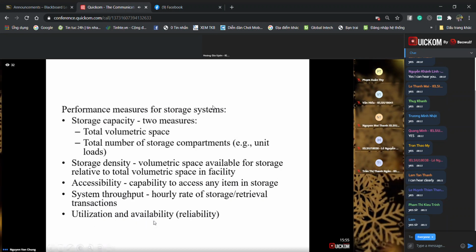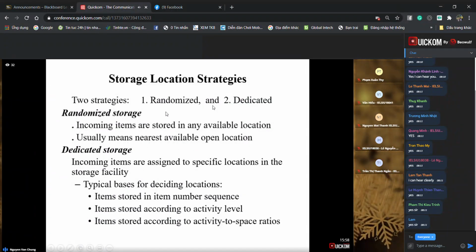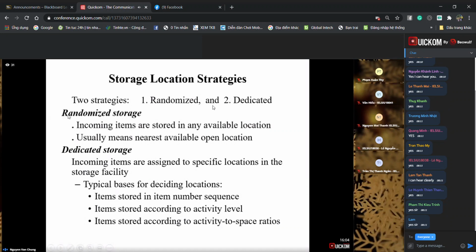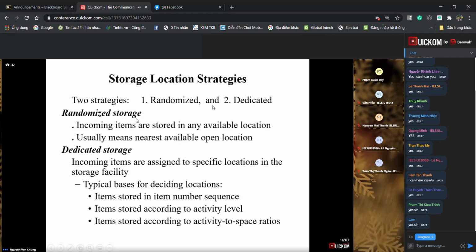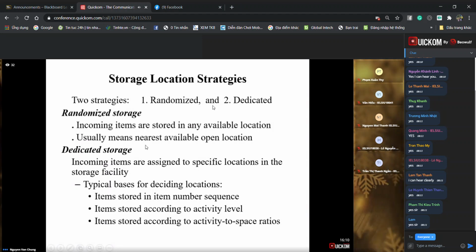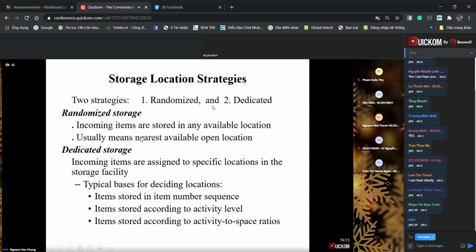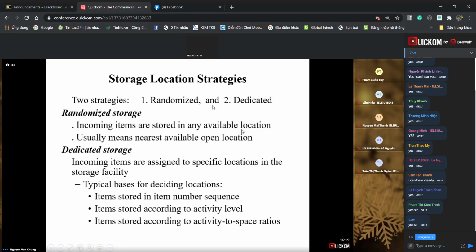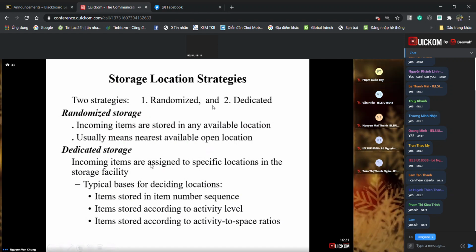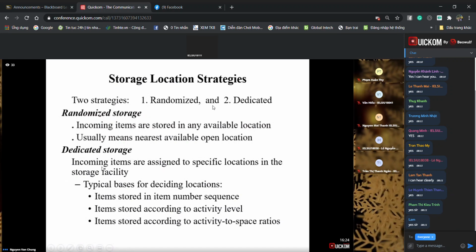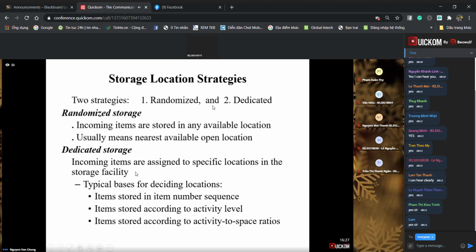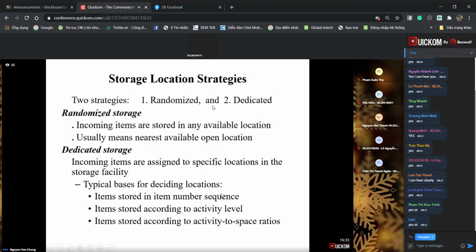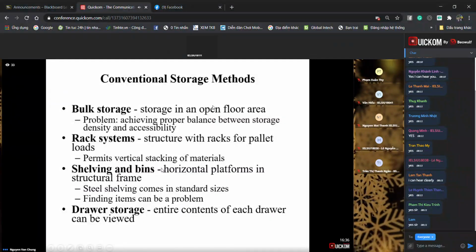And utilization and availability. Okay, and we have two strategies for storage. The first is randomized storage and dedicated storage. In random storage, incoming items are stored in any available location, and dedicated storage is where items are assigned to specified locations in the storage facility.